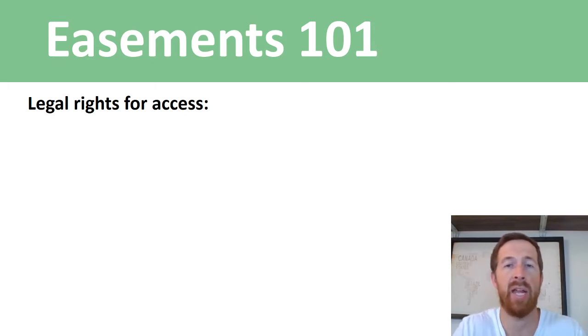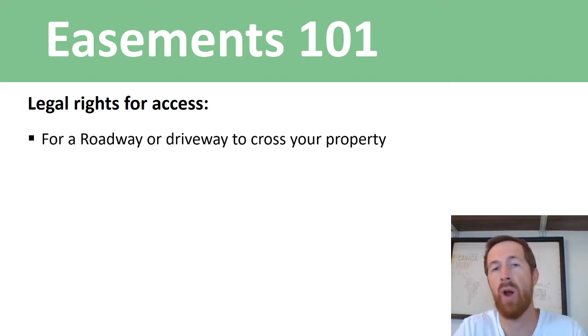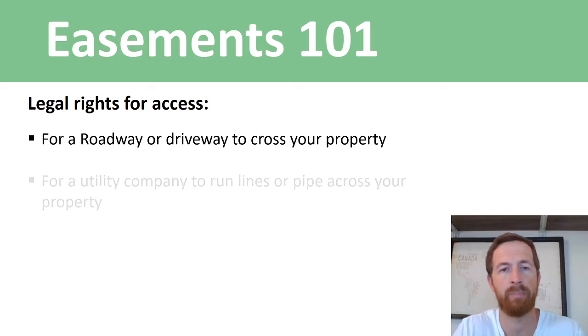Typical easements that a landowner might have would be for a roadway or a driveway to cross your property. For instance, if a neighbor had an easement for access and their driveway or that roadway, even a county roadway, crosses your property at some point, you would have an easement.